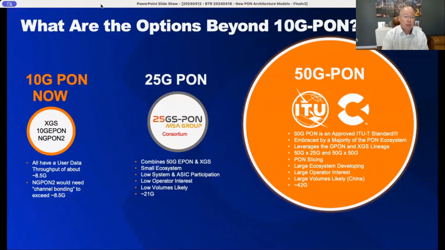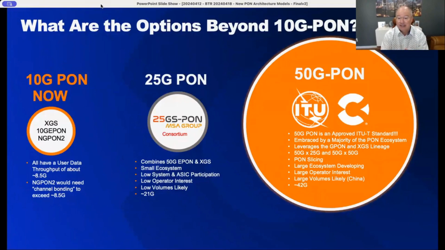It defined the IEEE and their work for 25 and 50 gig PON, and then it also combined the ITU-T and its work on the TC layer. And that combination created this 25GS MSA consortium. So it's a combination of essentially two different standards organizations.